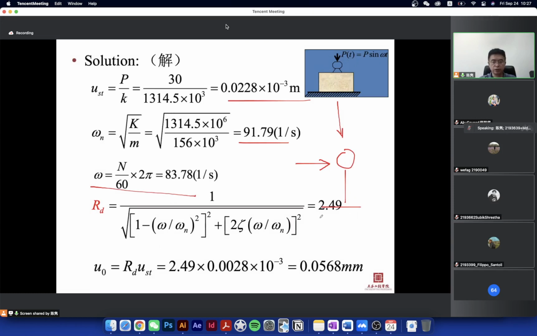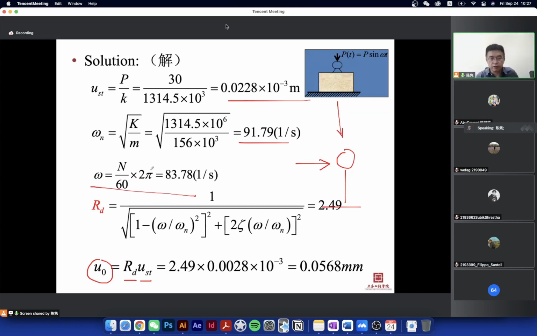Then we have this value, which is 2.49. Because you know the static deformation and the dynamic amplification factor, you multiply them and you know the maximum vertical dynamic deformation. So you can get this value.